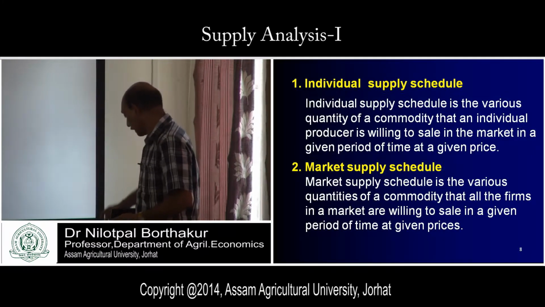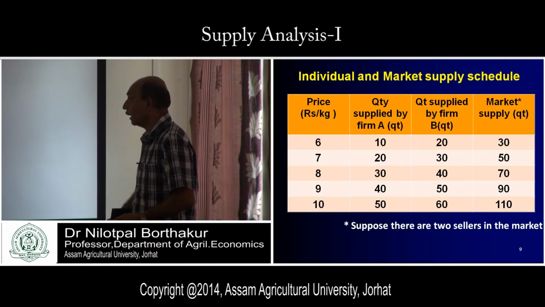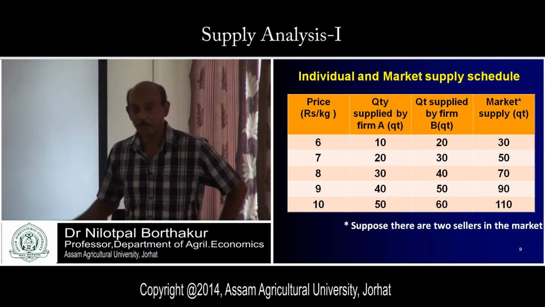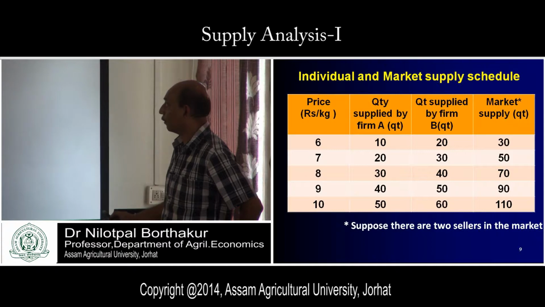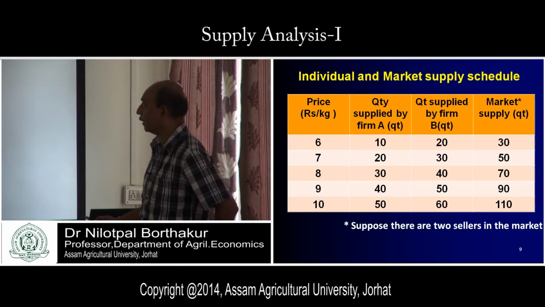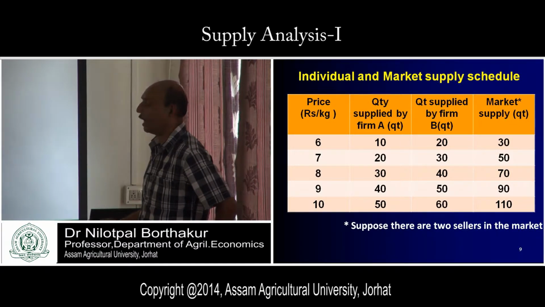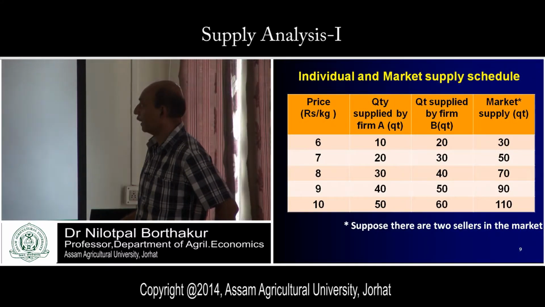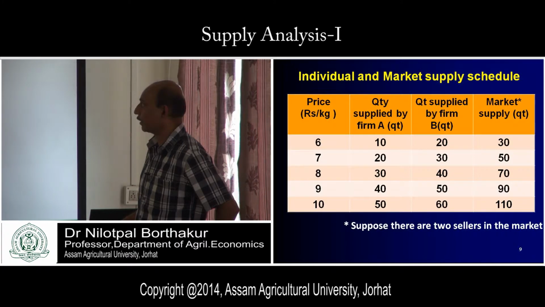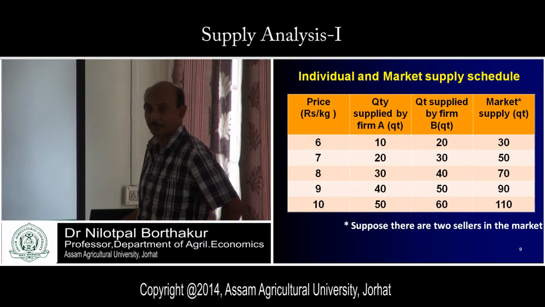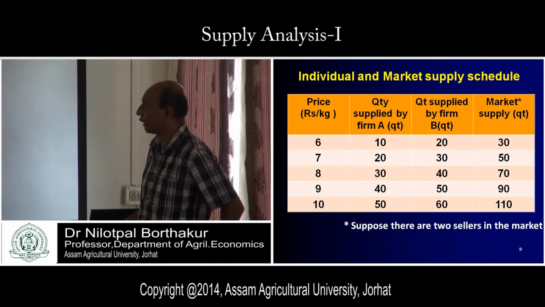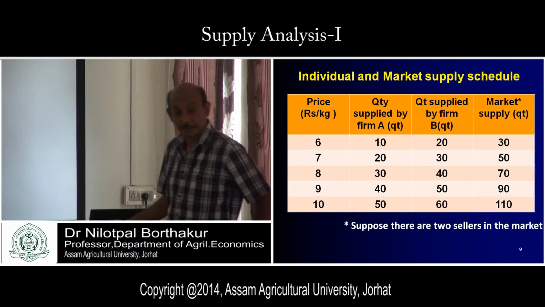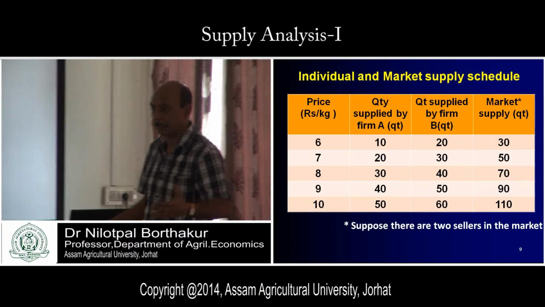And if we express it in a tabular form, it will take this particular shape. The first two columns will indicate the individual supply schedule of farm A. There is one particular farm A. He sells 10 quintal of a certain commodity at price rupees 6 per kg. When price goes up to rupees 7, he sells 20 quintal. He makes 20 quintal available in the market.